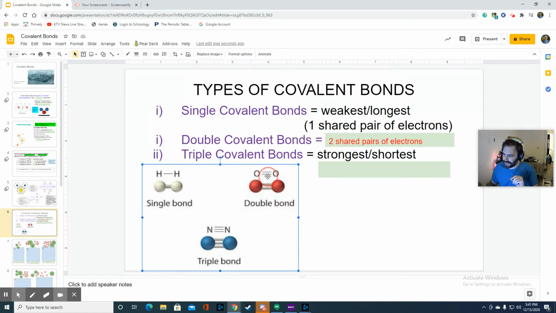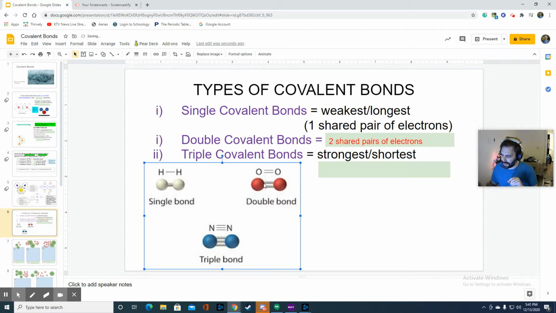And we can see this here in this double bond for oxygen. Each line here represents 2 electrons. So there are 2 lines for oxygen. Right there, you can see it. There's 4 electrons.